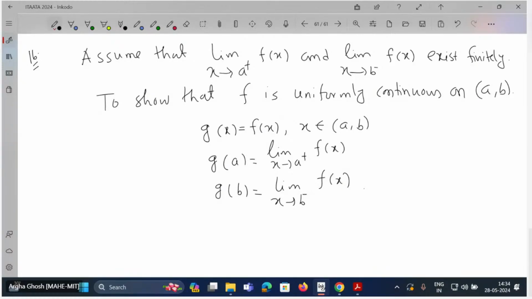Yes. So if we can show that g is continuous at the points a and b, then we are done. So now, is it continuous at the point a? Yes. Why? Because f and g are same over there. So g of a is defined as limit x tends to a plus f of x.